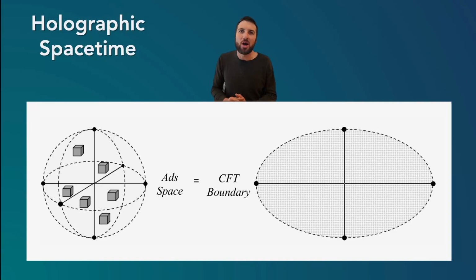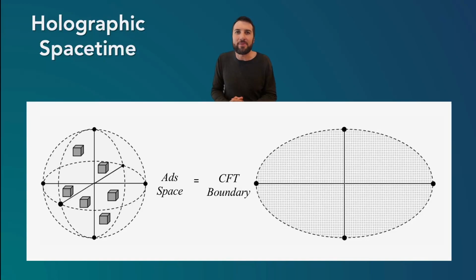Essentially, all the information in this AdS space could be equivalently represented as a boundary, so a sheet. So all the 3D information is basically represented as 2D. Now, these are different dimensions, so that was just an analogy, but it helps understand it.